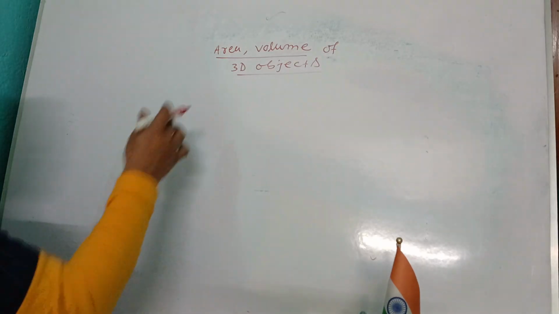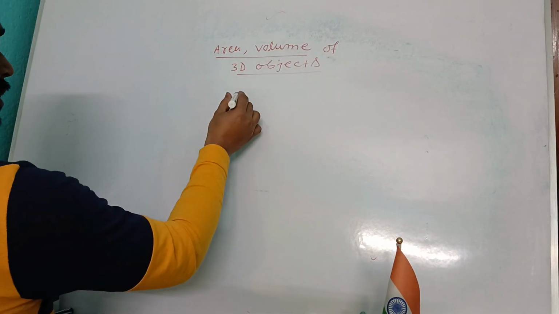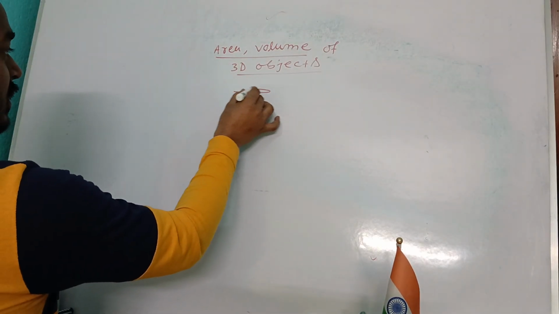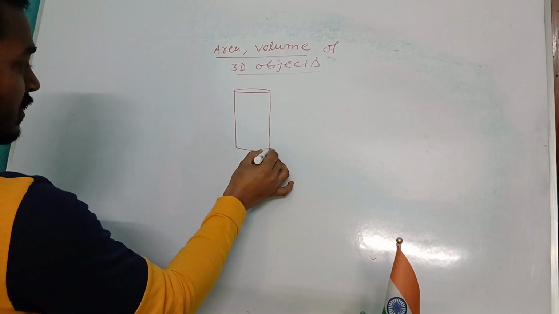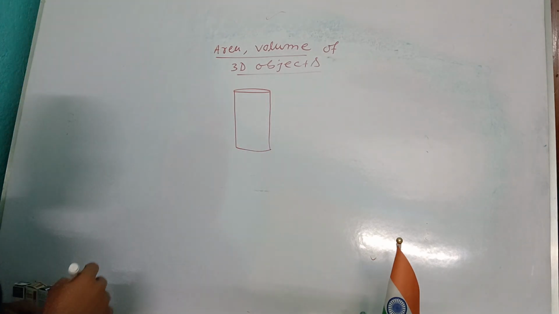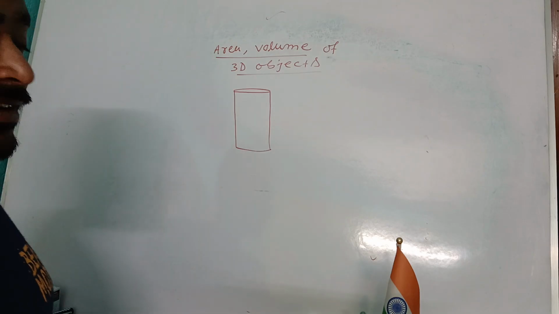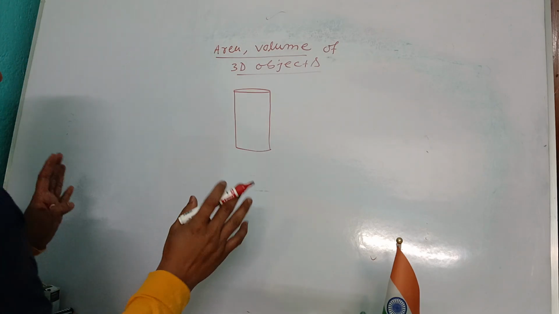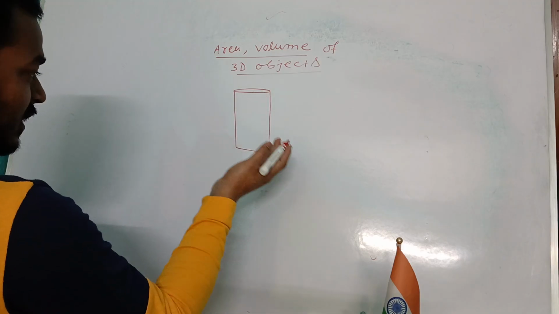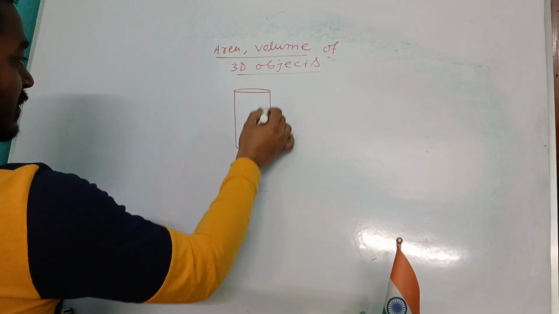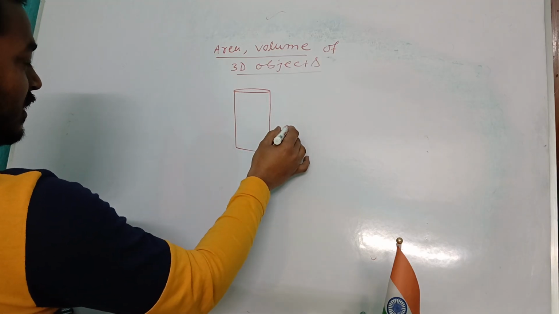A few objects are given. This one is a cylinder, also known as a right circular cylinder.